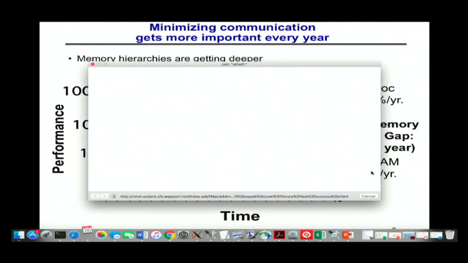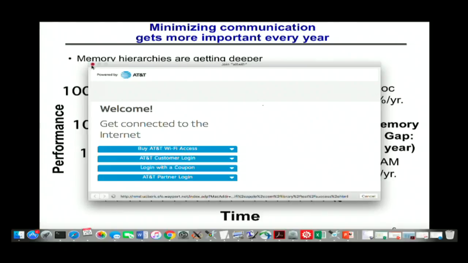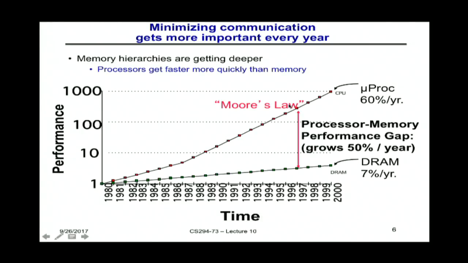You can see that the processor speed growth and the memory speed growth are at different paces. Processor growth normally follows Moore's law: every year you get about a 60% increase in CPU speed. That's good news. On the other hand, the bottom curve is the dynamic RAM, DRAM.